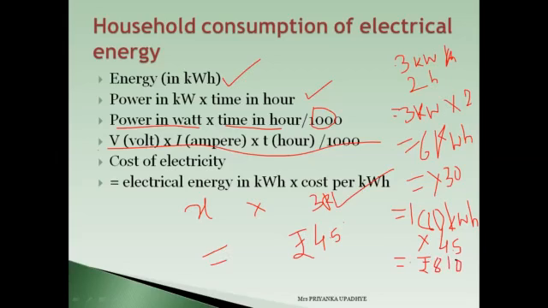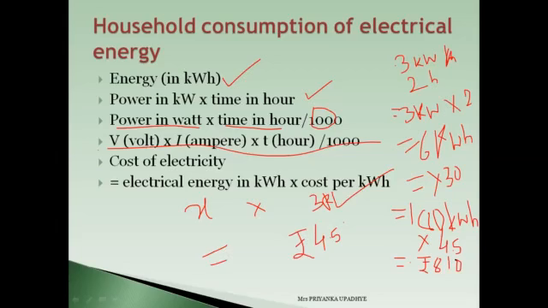So the cost of that electricity at the rate of 4.5 per kilowatt hour is 4.5 into 180, which is 810 rupees.